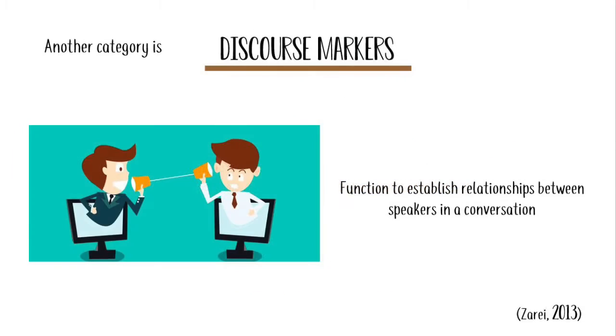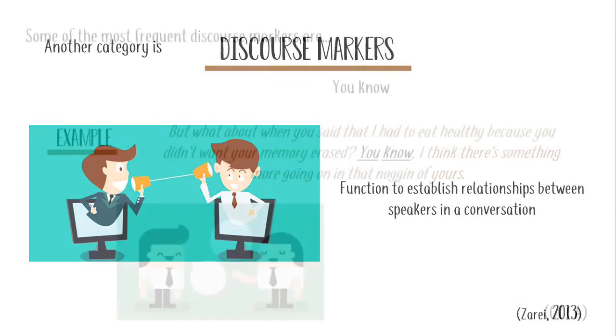Another category is discourse markers. Discourse markers are word phrases that function to establish a relationship between speakers in a conversation. They also serve as a communicative function used by a speaker to comment on the status of understanding of the information that is expressed.